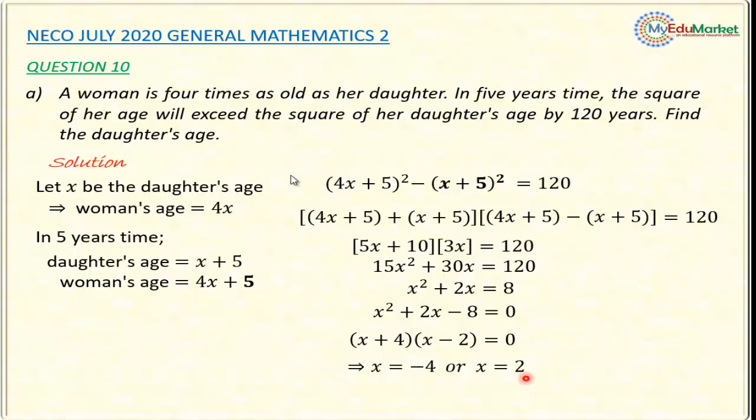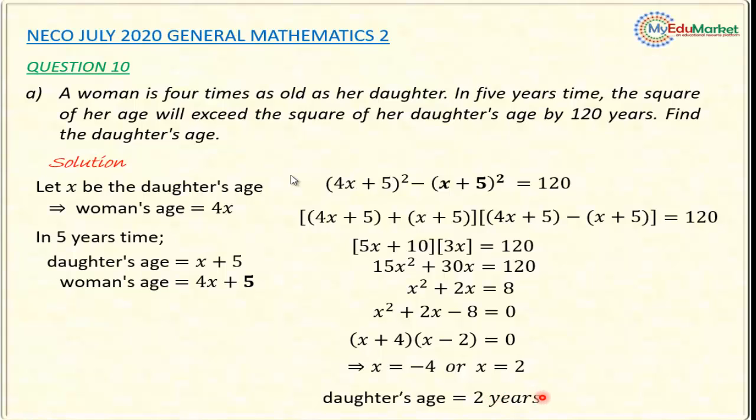But take note here, x represents age of the daughter and the age is never negative. So I will automatically reject this minus 4 and I will take this x equals to 2. So I'm going to write daughter's age equals to 2 years. So to that I have answered this question.